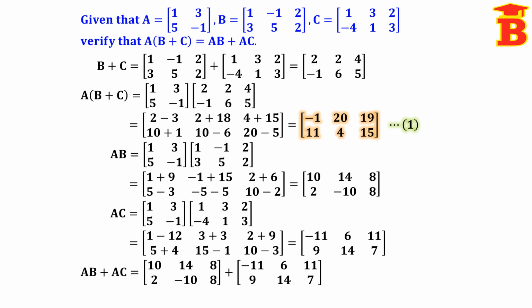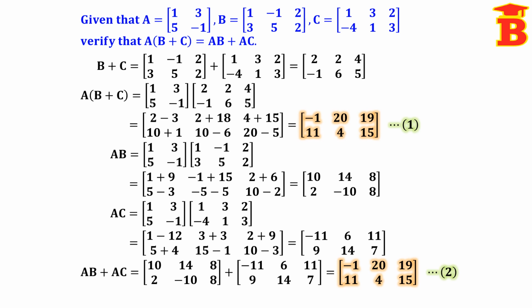So just add the corresponding elements and we can get the answer. 10 minus 11 is minus 1. 14 plus 6 is 20. 8 plus 11 is 19. 2 plus 9 is 11. Minus 10 plus 14 is 4. 8 plus 7 is 15. This is the right hand side answer. So take it as equation 2.